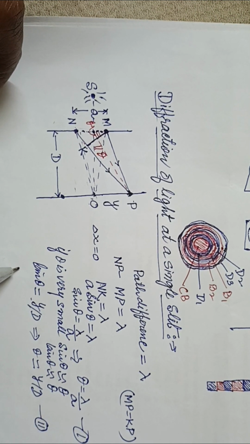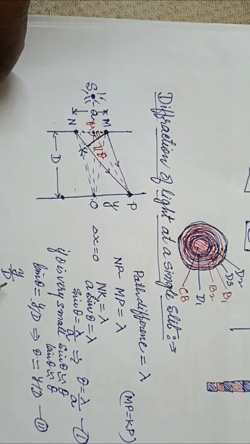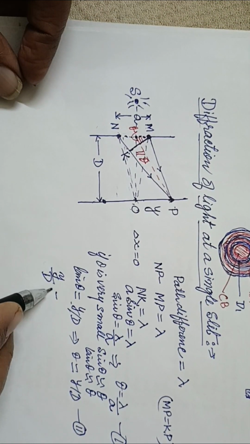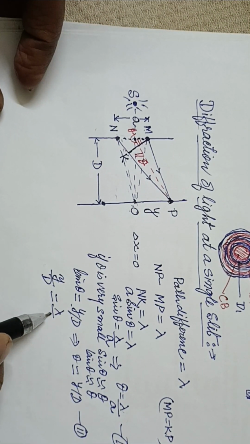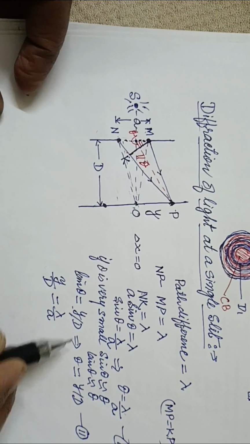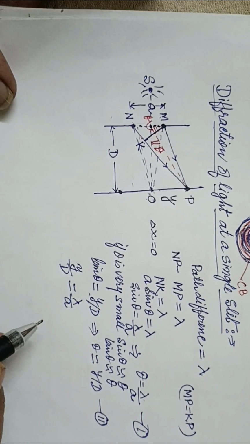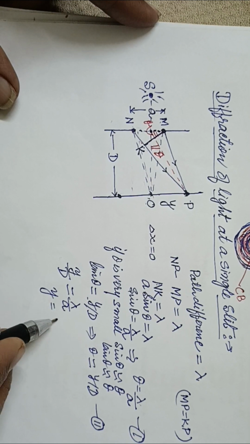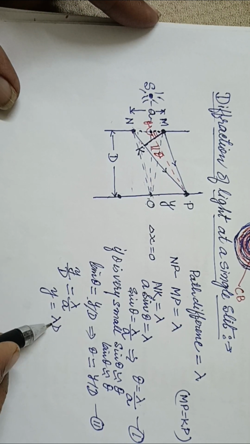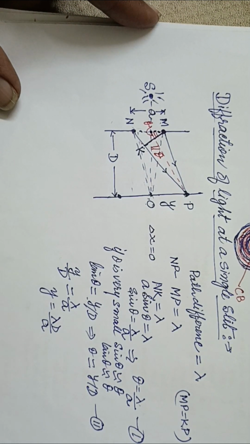So accordingly we can write y upon d is equal to lambda upon a. So y becomes lambda d upon a. Is it clear?